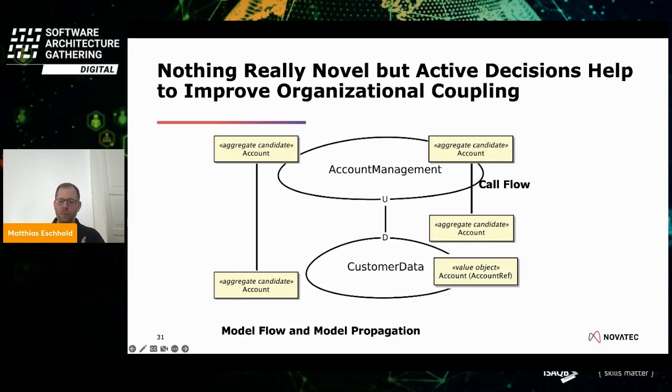We could implement our own domain model in the customer data context. This is an example of what we mean with the definition, a boundary around the meaning of a domain model, and the account has another meaning in the customer data context than in the account management context. In this way, by breaking the model propagation, we could reduce coupling.